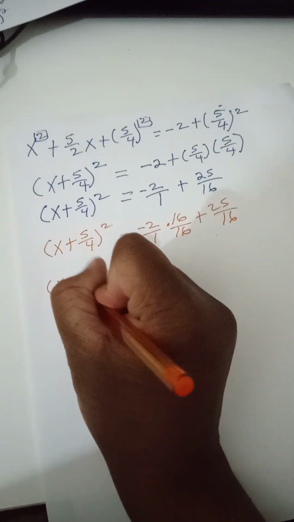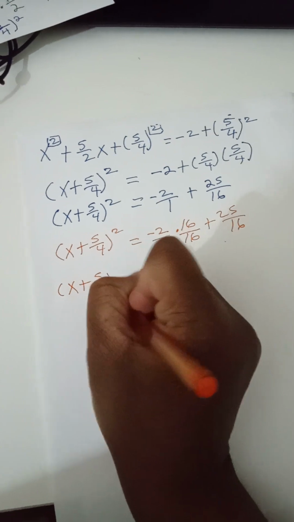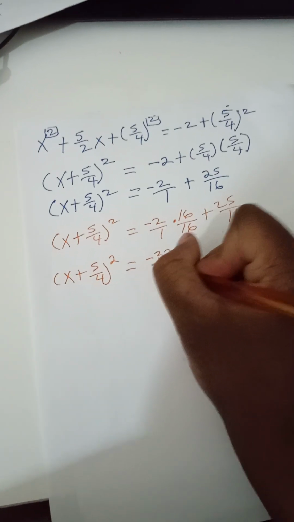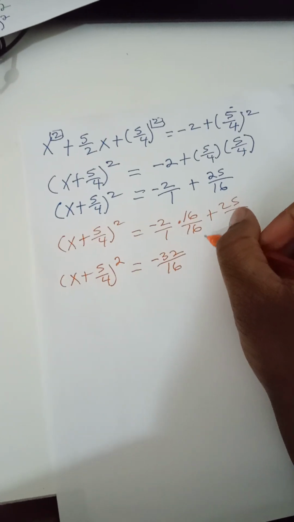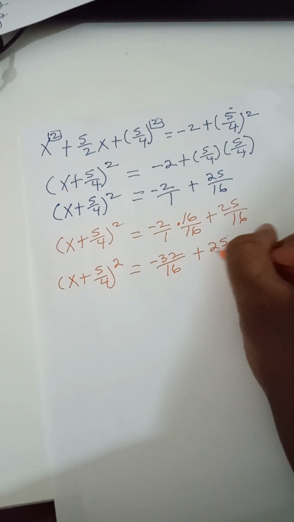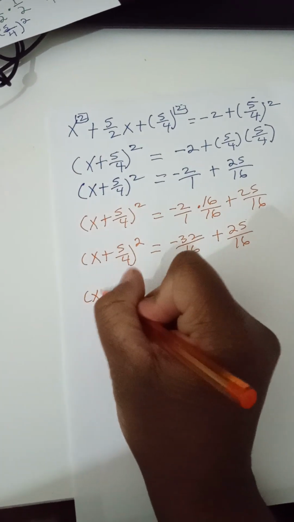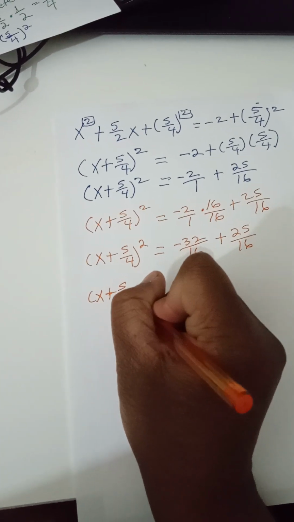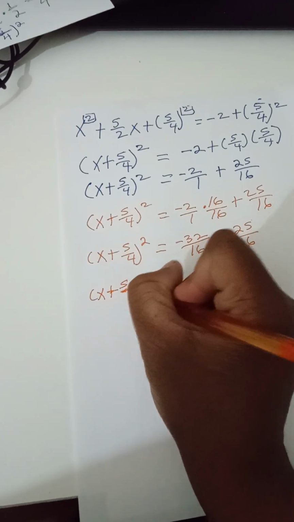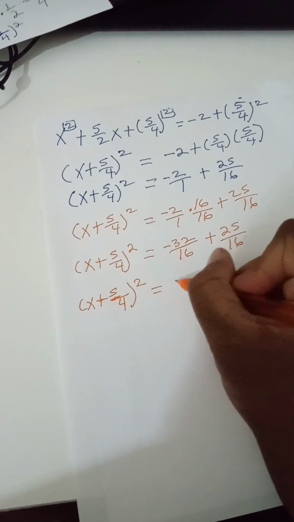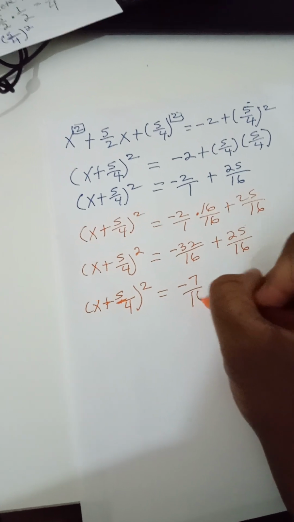So x plus 5/4 squared is equal to -32/16 plus 25/16. And this will yield x plus 5/4 squared is equal to -7/16.